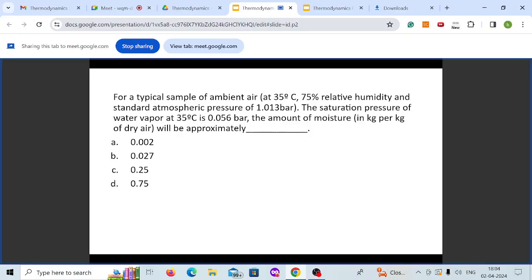So they have given a set of conditions of the air and are asking you to find the amount of moisture present in the air. The air is at 35 degrees Celsius and 75% relative humidity, and the saturation pressure of water vapor corresponding to 35 degrees Celsius is 0.056 bar.